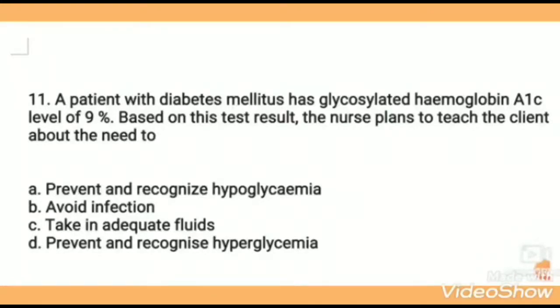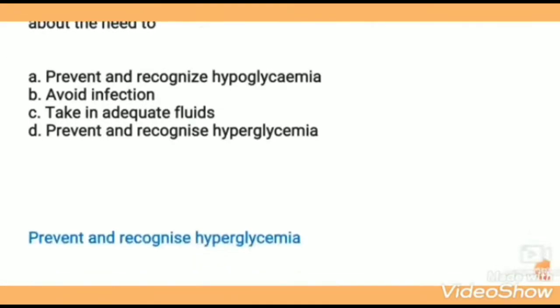So, the correct answer: a patient with diabetes mellitus has a glycosylated hemoglobin level of 9%. The nurse needs to prevent and recognize hyperglycemia.